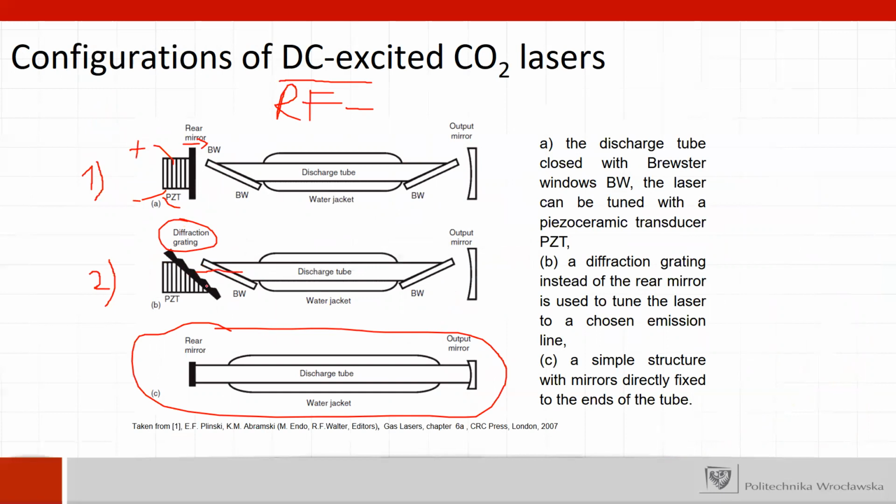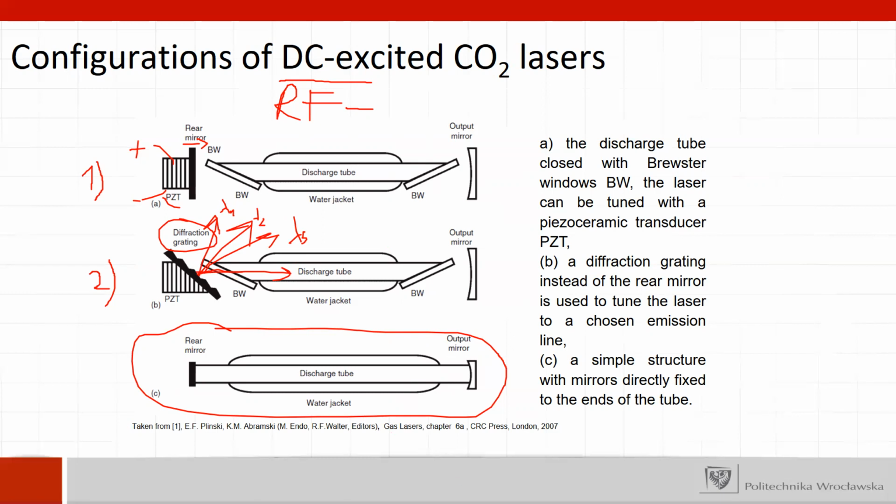So when we place this grating under a proper angle, we can ensure that only a specific wavelength that we choose will be reflected by this grating back to the resonator. But the rest of the wavelengths will be reflected under a different angle, and they will just exit the resonator. So by doing that, we can filter the wavelength that we want.